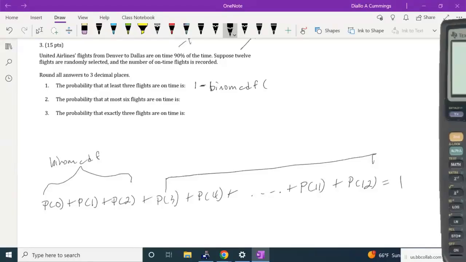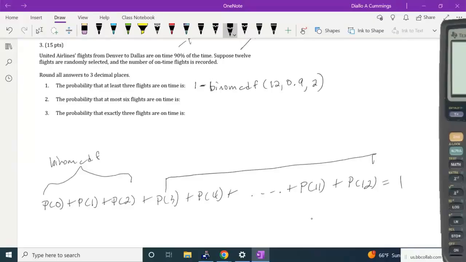So we also have to give it 3 parameters. We have to give it n, which is 12. We have to give it the probability, which is 0.9. And I have to give a value for x. Since we want the probability from 2, 1, and 0, I'm going to choose 2.